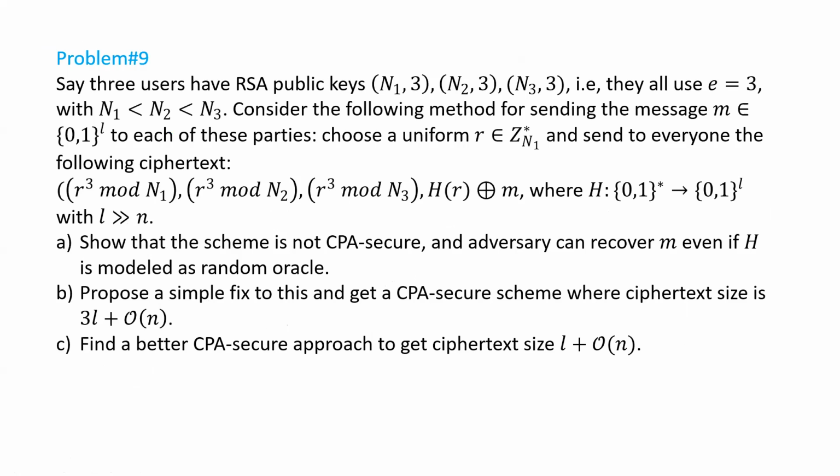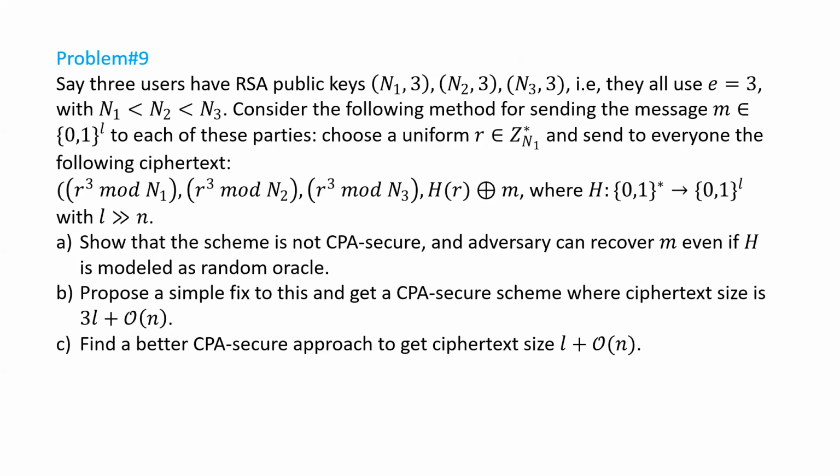Proceeding to the next question. Say 3 users have RSA public keys (n1, 3), (n2, 3), (n3, 3). That is, they all use public exponent or encryption exponent e equal to 3, with n1 less than n2 less than n3.